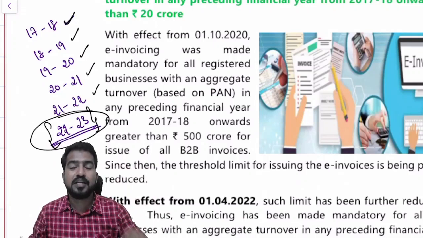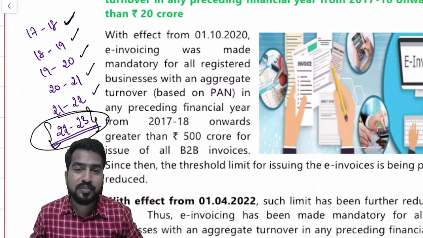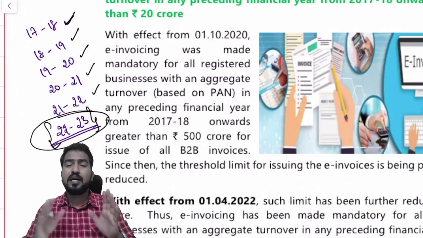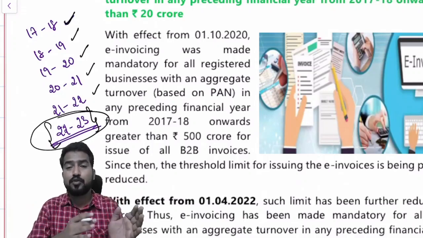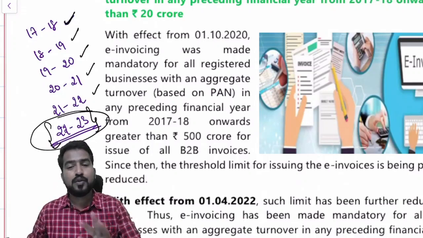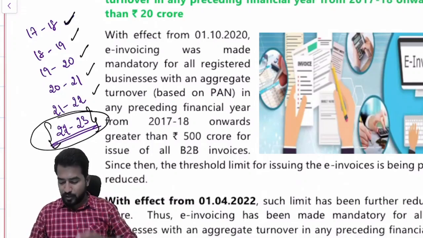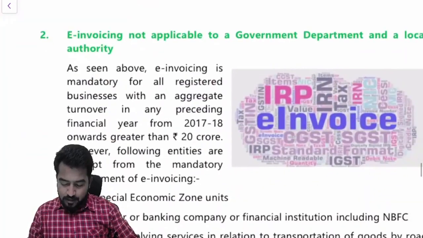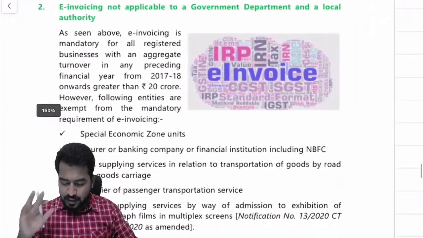Then for such a registered person, e-invoicing provisions are applicable. Earlier the threshold limit was 50 crores, now it is 20 crores. Clear? Nothing to worry about, no major amendment. The threshold limit alone was changed.